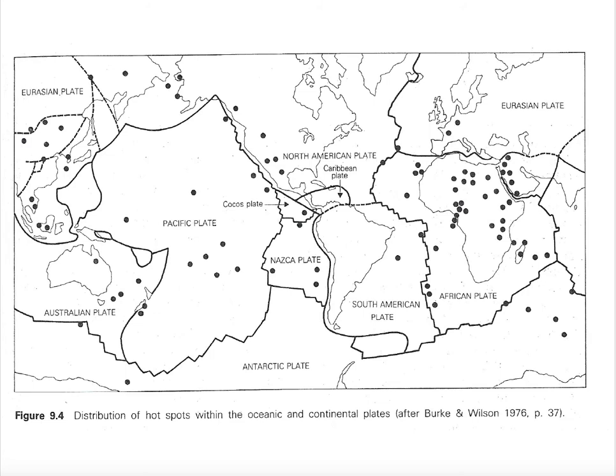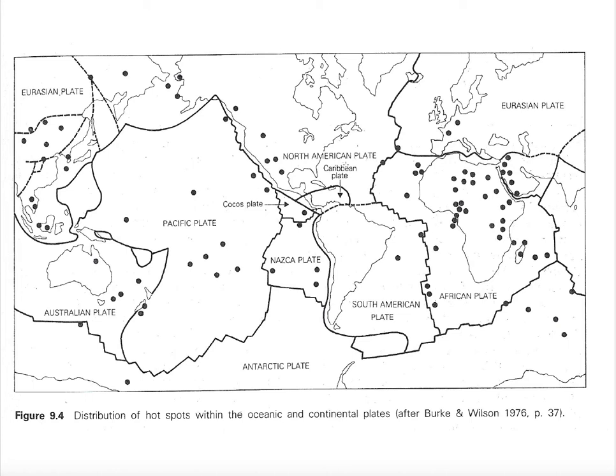So here we have the distribution of hotspots within the oceanic and continental plates as well. At the oceanic plate we have the world famous Hawaiian hotspots, and here you have some other hotspots everywhere around in the oceanic crust. There are quite a lot of hotspots around. Also here in the North Atlantic plate we have some hotspots.